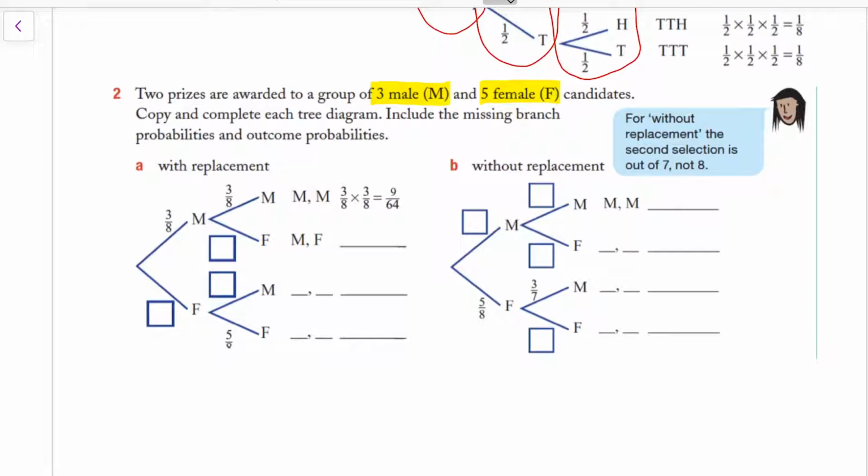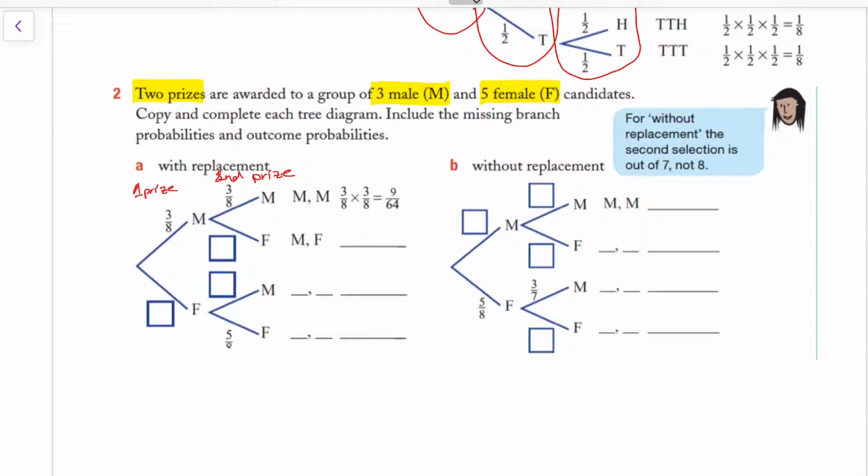They've asked us to copy and complete, but you can write this in your notebook, and finish off the missing outcomes. Because there are 2 prizes, this is going to be the first prize, and this is going to be your second prize.